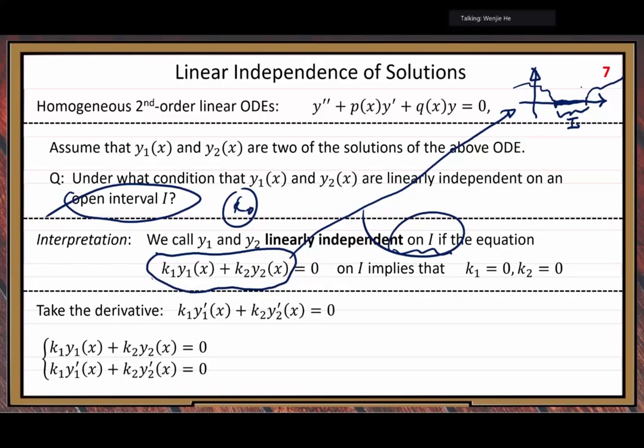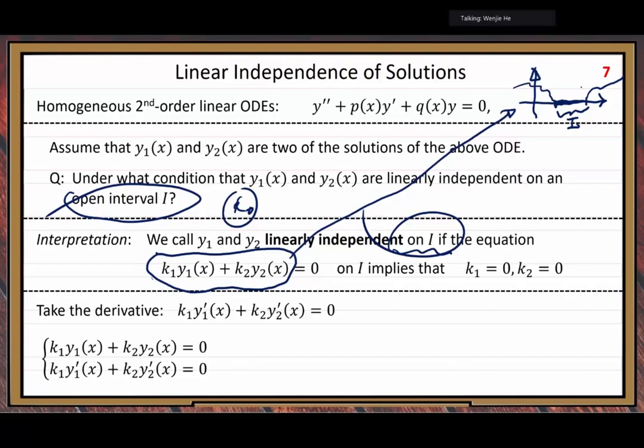Then, in this linear system, what are the unknowns? K1, K2 are unknown, two parameters to be determined. We do not know k1, k2. So k1, k2 are two unknowns.